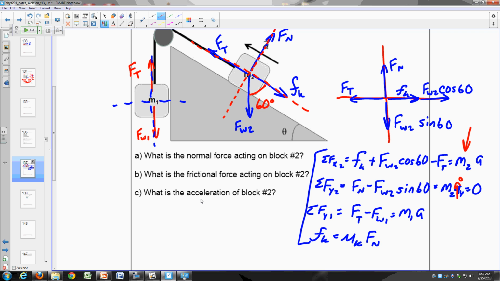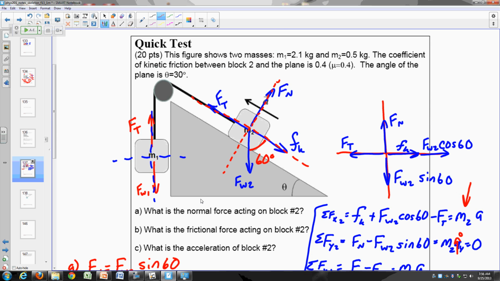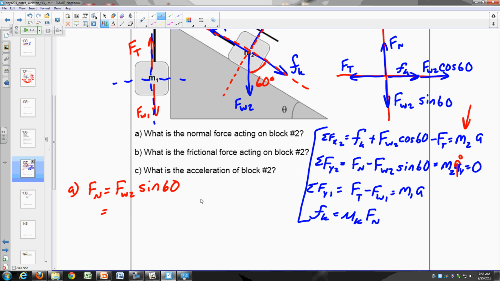So for part A, I'll say Fn equals Fw2 sine of 60. So this is where we'll look at our masses. Our mass 2 is 1/2 kilogram, so 0.5 kilograms.